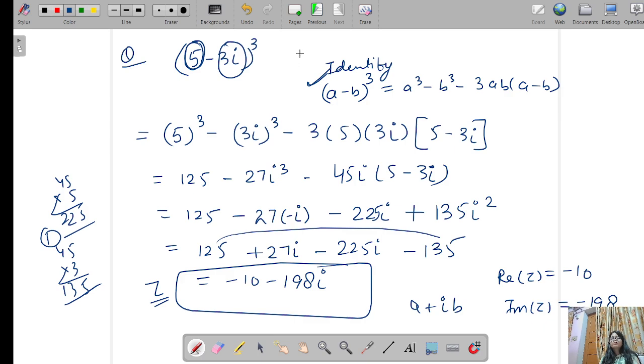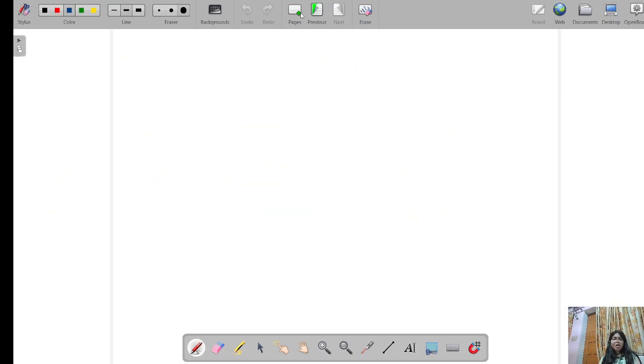How to write the complex number in the standard form. Alright. Now, I already know this. This was it. Okay. If I'm saying another topic is there, conjugate of z. Now, what is the conjugate of z?